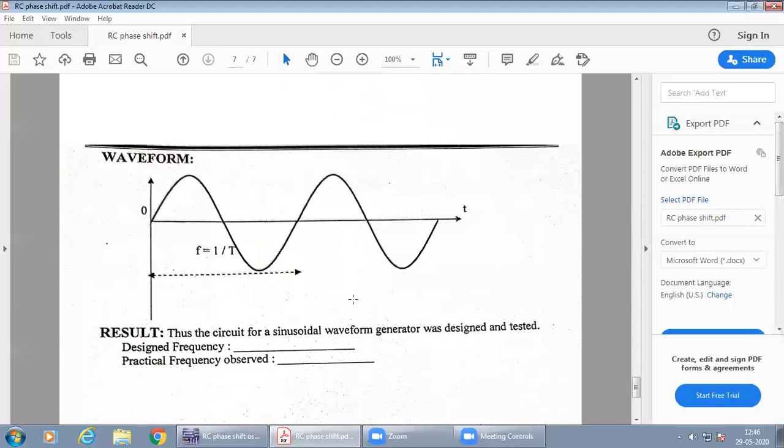The result is that the circuit for a sinusoidal waveform generator was designed and tested, and the design frequency is 10 kilohertz. The practical frequency is roughly 9.38 kilohertz. So with this, we come to an end of the RC phase shift oscillator.